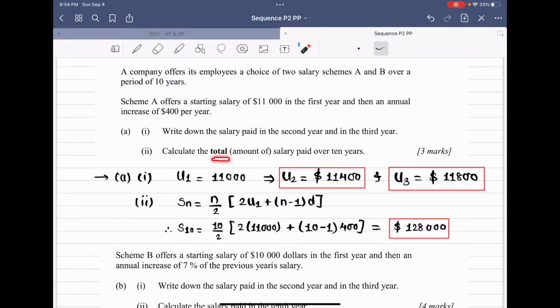Calculate the total. You can always see whenever they say write a total or something, they always use bold letters. So total is not a term, total is a sum. And it's an arithmetic progression over 10 years.